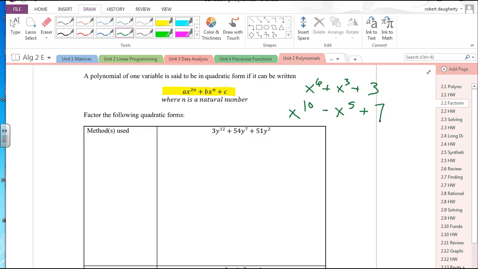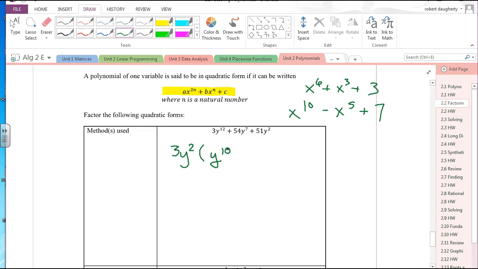This one, what is my first strategy? Do they have anything in common? 3y squared, okay? What do I multiply 3y squared by to get 3y to the 12th? Y to the what? 10th, okay?